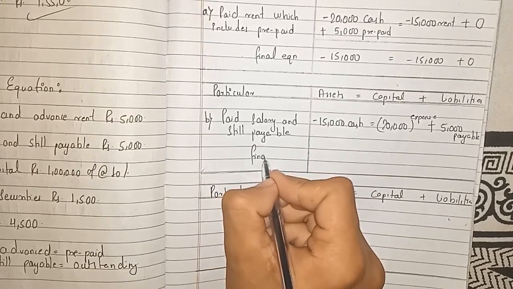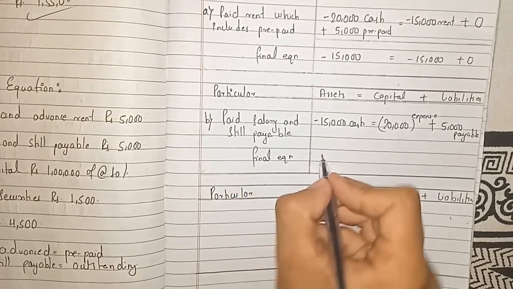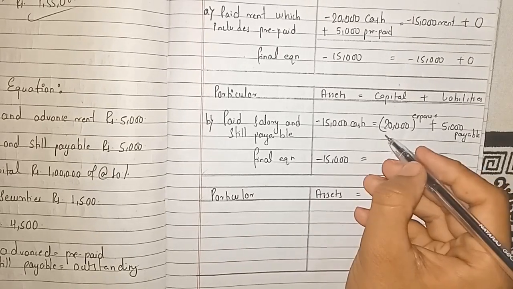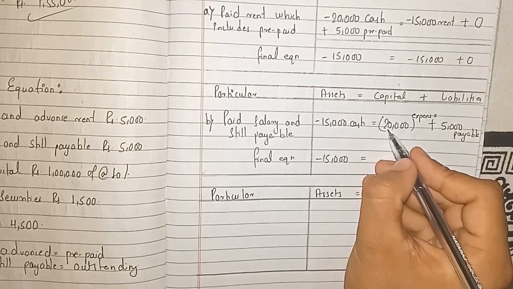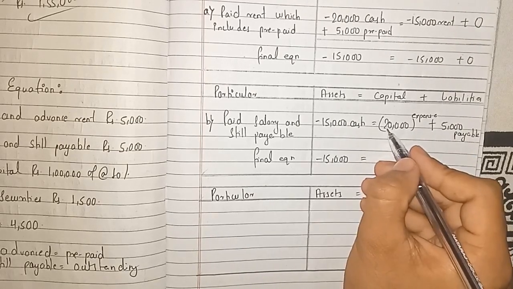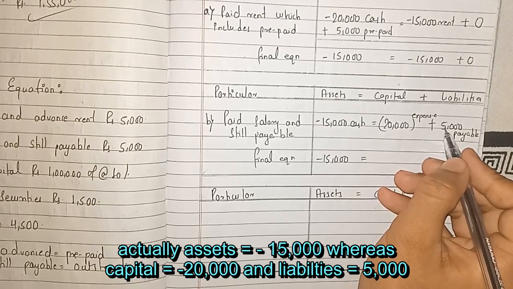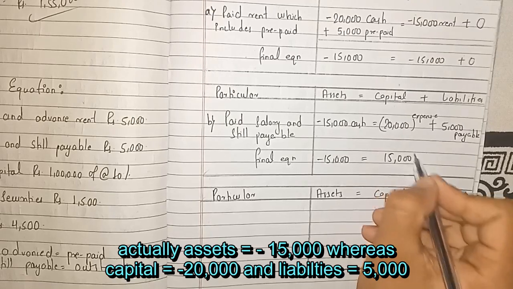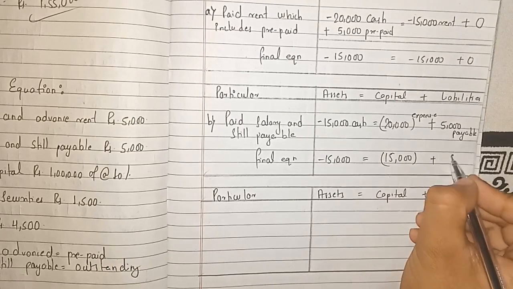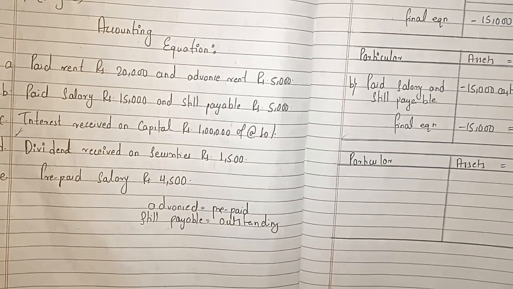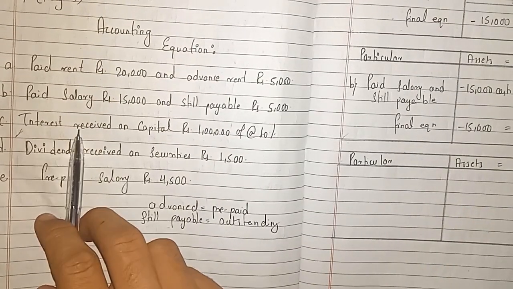And our final equation will be minus 15,000 is equal to, look here, the minus sign is greater than the positive sign. It means 20,000 minus 5,000 will be 15,000, and there will be a negative sign as well: minus 15,000 plus 0.